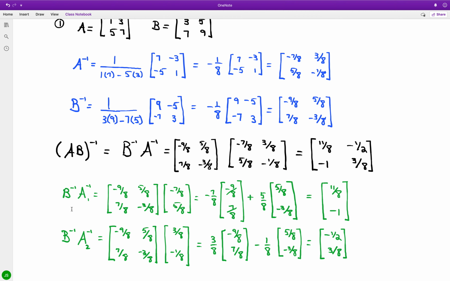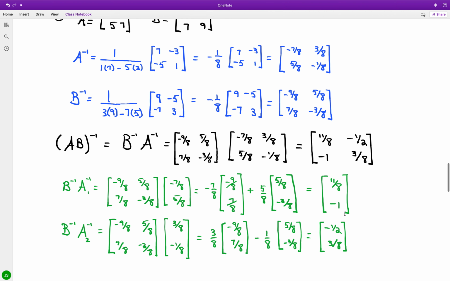Taking the inverse of B and multiplying by the first column from the inverse of A, we treat the negative 7/8 and 5/8 as weights. So you have negative 7/8 times the first column from the inverse of B, plus 5/8, the second weight, times the second column from the inverse of B, and combining and reducing, this comes out to 11/8 and negative 1.